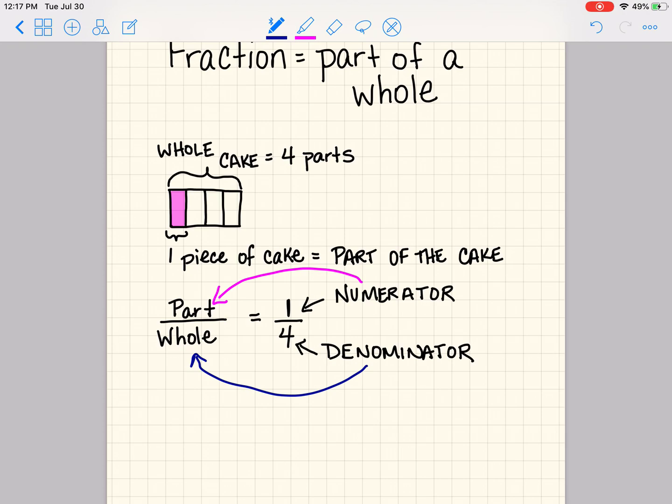So, when you are looking at a fraction, you are looking at how you divided the cake into its pieces. So here we divided the cake into 4 equal parts, and we ate one of the 4 equal parts.